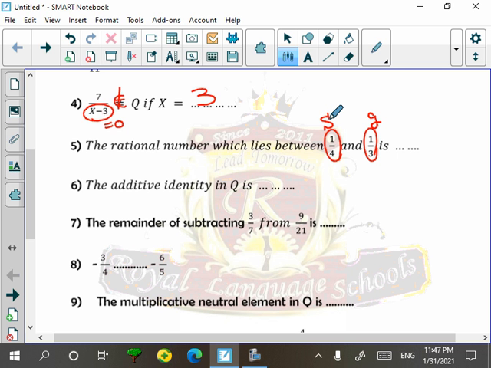He wants to know the rational number which lies between them. If we represent them on the number line, we have 1 over 4 here and 1 over 3 here, and we want the number in the middle.